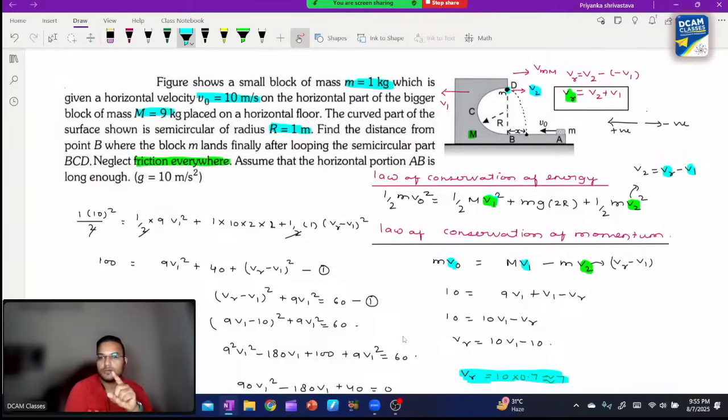Wait, the time is 7, 14 by 7 root by root 5. 1.7 into 1.